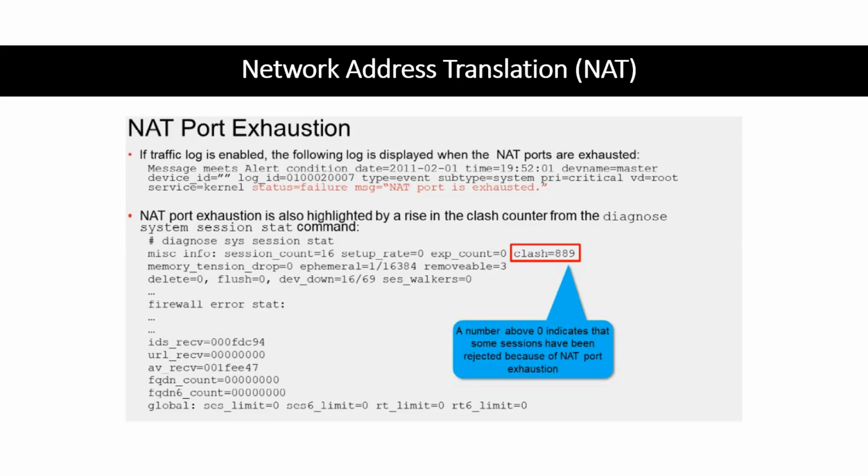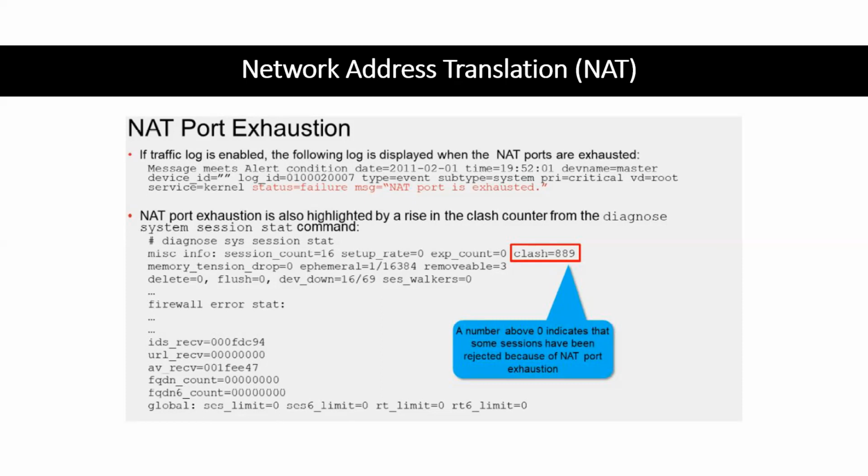It says critical, and it says NAT port is exhausted in bold letters. It's not going to be in red in the CLI, but it'll just say in bold, like in big, it'll pop out at you. NAT port is exhausted, right? And so Don, being the FortiGate administrator, will see that and he'll have to address it, right? So he'll talk to Mike Evie and they'll work together, right?